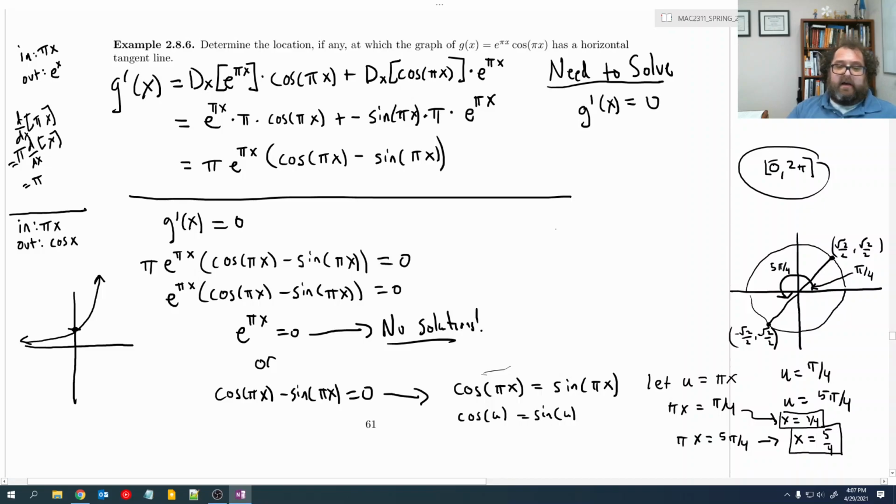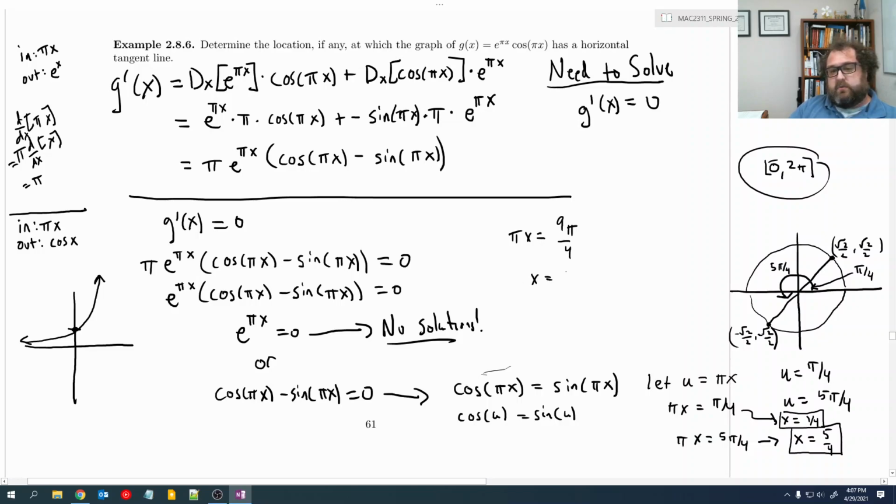Now, I'm just kind of thinking out loud here. So 9 pi over 4 is a coterminal angle. Now, clearly 9 pi over 4 is not in 0 to pi. However, we're solving this in terms of u. U is pi x. So if I set it equal to pi x, once I divide by pi, I might get solutions in 0 to pi.